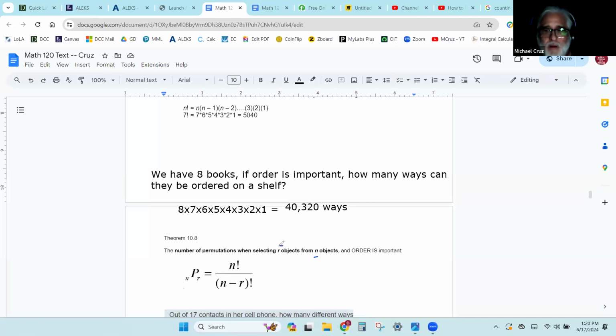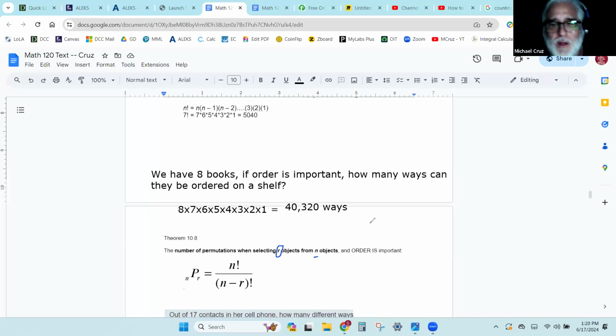The R is the handful that we're going to pull out. It can be no larger than N. If we had a hand big enough to pull out all N objects, there's only one way to do it. But if we pull out a smaller amount, how many different ways can we do it?